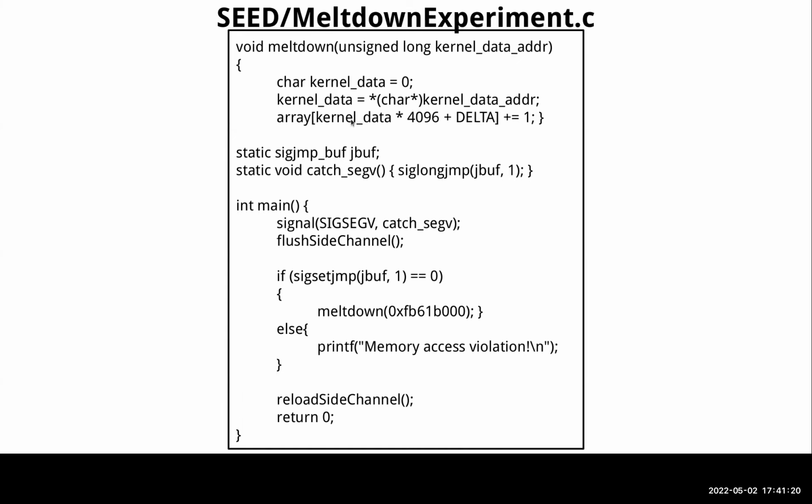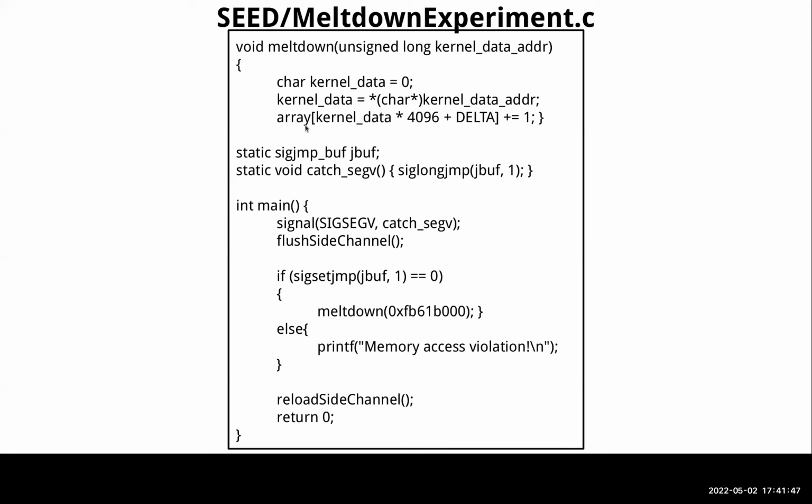What happens is that when we execute this one, the location of that value will be brought into the cache. After we brought it into the cache, the kernel realizes you don't have permission to do that, and then it kills this.